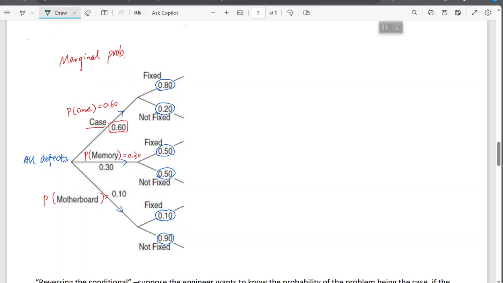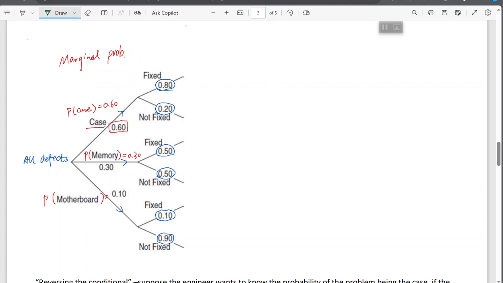Okay, so now the next step, let's change another color. Next step, what do you think is this 0.80? What is this probability? Still remember how we describe this probability? We say if this defect is a case alignment defect, then 80% of them can be fixed, 20% of them cannot be fixed.